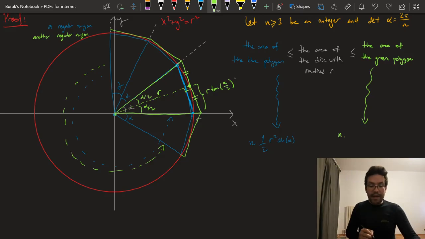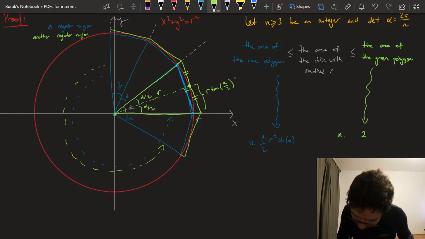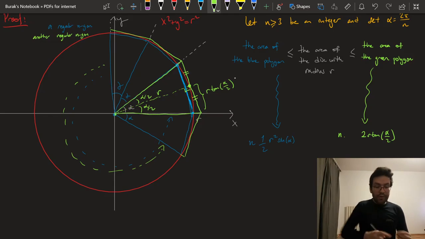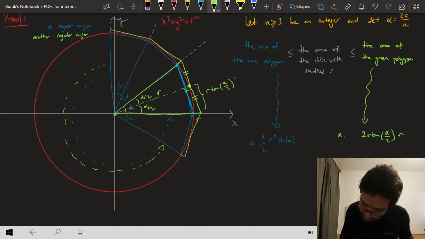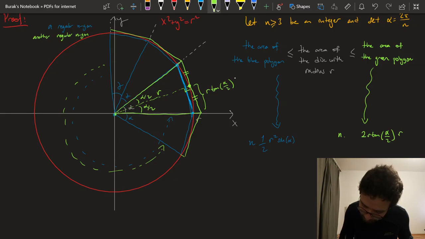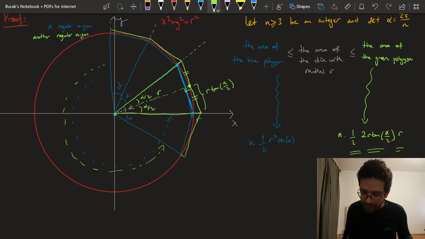So what's the base length of this green triangle? It's 2 times r tangent alpha over 2. What's the altitude? It's r. So from the usual area formula for a triangle, I have 1/2 times base times altitude.